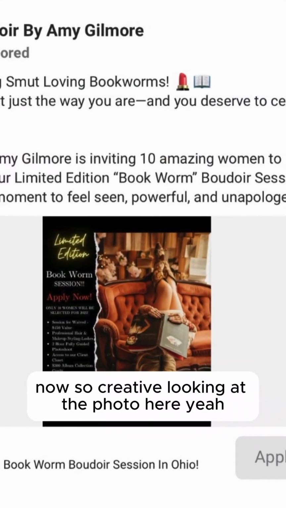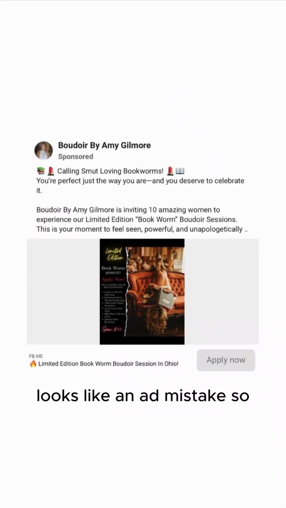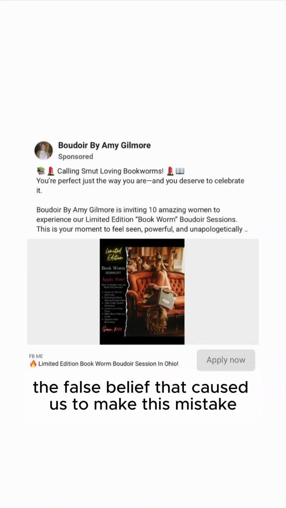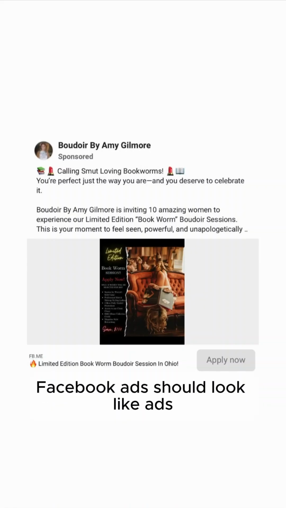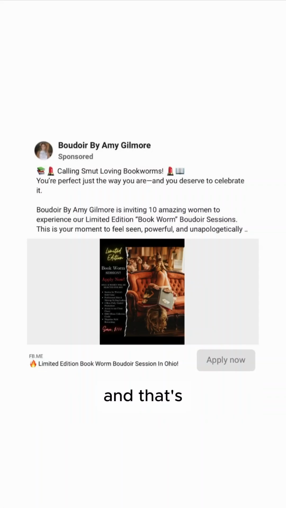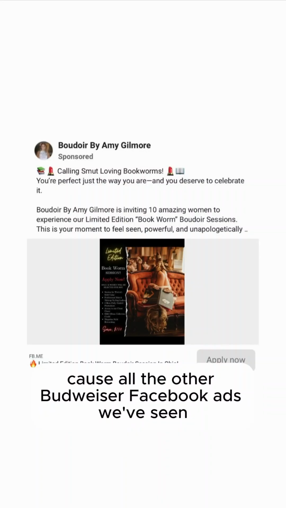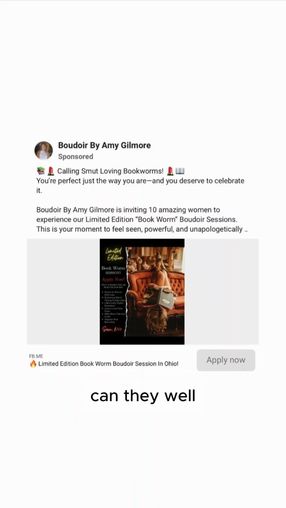Now, the creative, looking at the photo here, yeah, we've got the looks-like-an-ad mistake. The false belief that causes us to make this mistake is that we believe Boudoir Facebook ads should look like ads. The creative should look like an ad. That's because all the other Boudoir Facebook ads we've seen all look like ads. So everyone can't be wrong, can they?